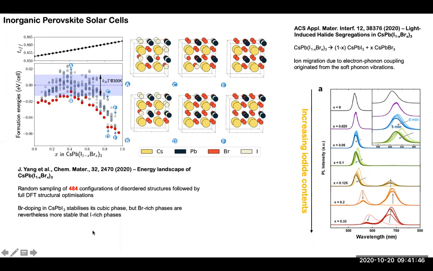You said fairly early on in the talk that these weren't nanocrystalline samples.